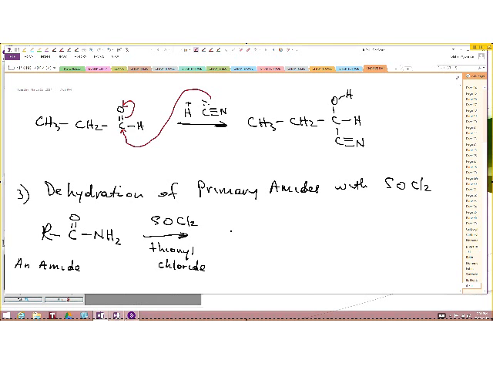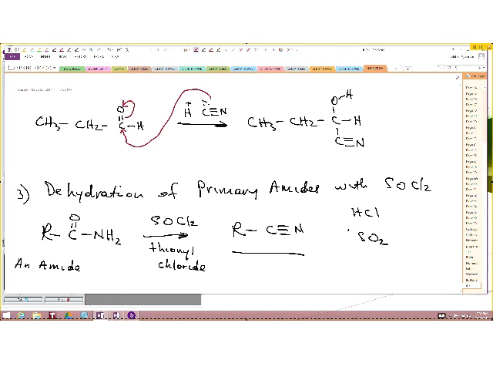That is the net process of this reaction. And so you end up with this here, plus, you don't have to worry about the hydrogen chloride and sulfur dioxide. Our concern is this nitrile here. So if you don't write this here, that is fine.